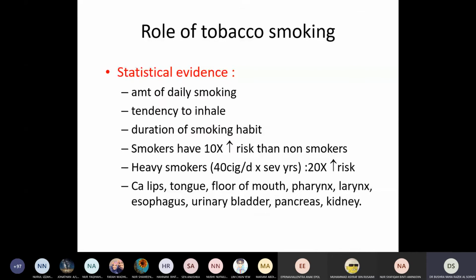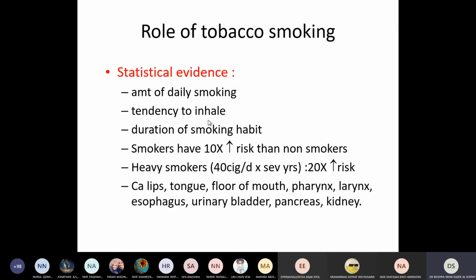Okay, so the role of tobacco smoking, with the statistical evidence, depends on the amount of daily smoking, the tendency to inhale, and the duration of smoking habits. Those who are heavy smokers and also long-term smokers, about 10 or 20 years, have the risk of developing cancer.